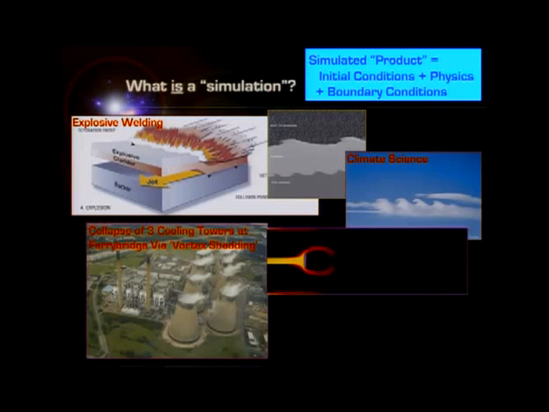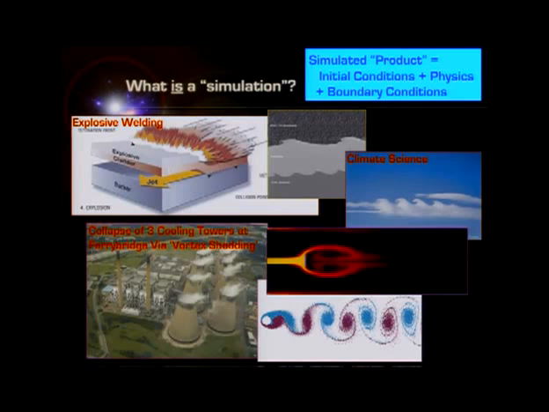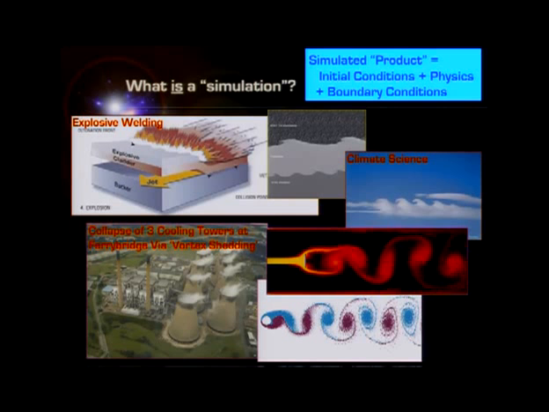So that includes anything ranging from, say, explosive welding, if you're trying to weld two metals together that don't naturally want to weld together. In this case, this is stainless steel and aluminum. So they don't normally want to weld together in a traditional way.